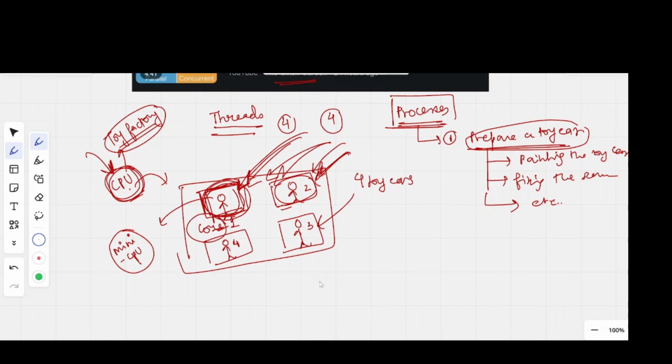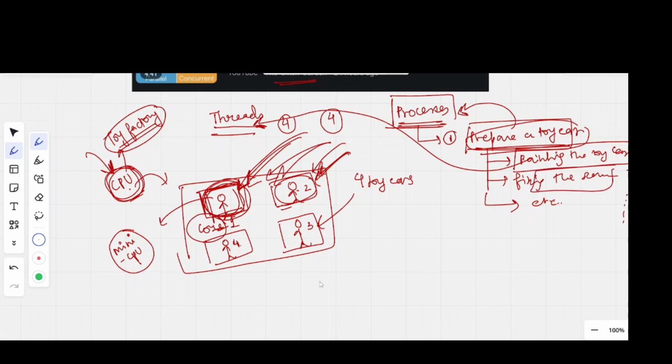Since there are 4 workers involved, they can simultaneously work on 4 independent toy cars and prepare them. So preparing a toy car is a process, one single big task that you want to achieve. Now within that one single big task, the smallest executable sub-process is called a thread. So this is your thread 1, this is your thread 2, etc.